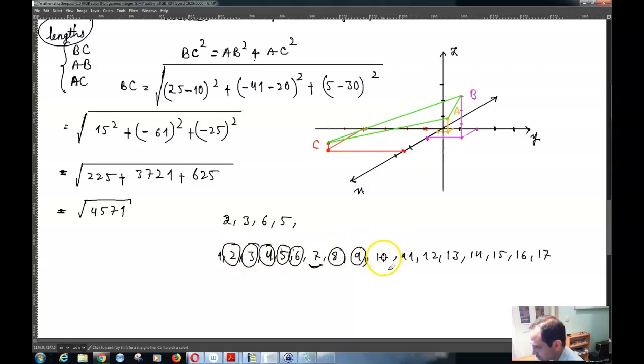For 10 there is a test you already know. 11 is a little weird, 12 is not a problem, 13 is a little weird, and then 17. So you have 7, 11, 13, and 17. Those are the divisibility tests you need to be familiar with.